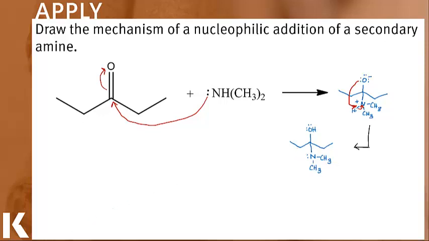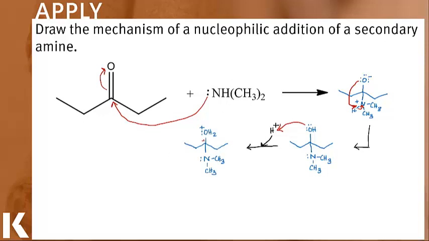The next step, just like on the last one, is going to be the acid catalyst coming in. And this acid catalyst is going to come in, and my hydroxyl group is going to grab that hydrogen. It's going to grab the hydrogen and make water.